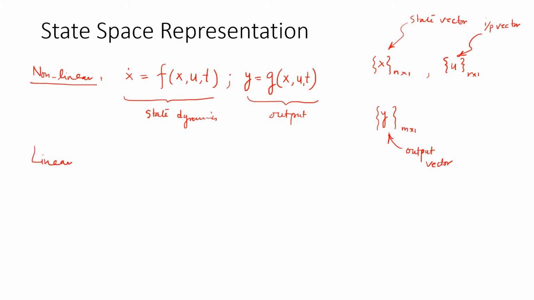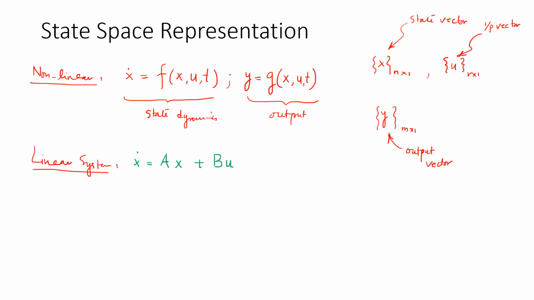So for linear systems, you are going to have a slightly modified version of the state space representation, and that looks something like this: x dot is going to be equal to a matrix A times the state variables x, added with another matrix B times the inputs u.